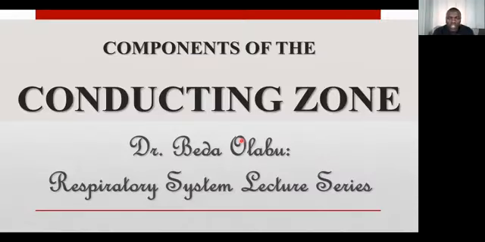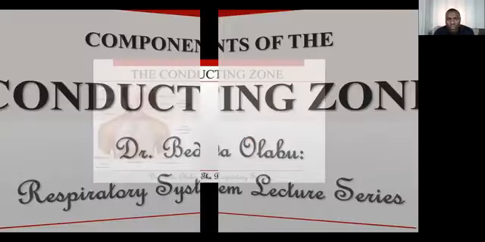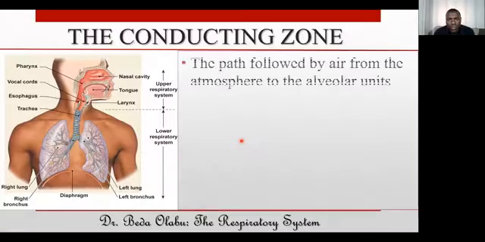So let's start with the first agenda, which is the components of the conducting zone. Before I take you through the various components of the conducting zone, it is important that we understand that the conducting zone is a path that is followed by air from the atmosphere all the way to the alveolar units.